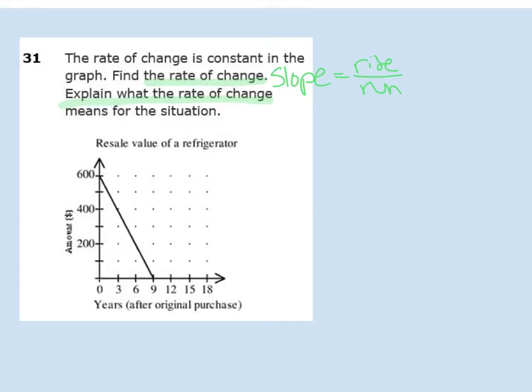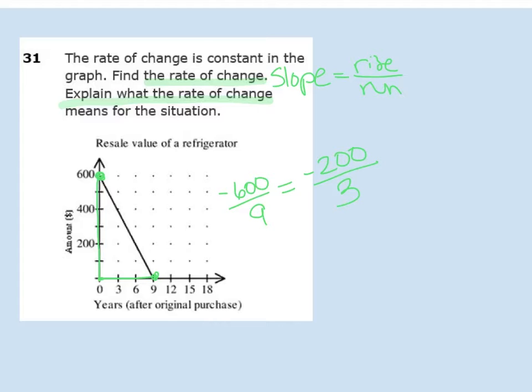From our y-intercept to our x-intercept, we have a decrease of 600 and going over 9. This will reduce to -200 over 3.